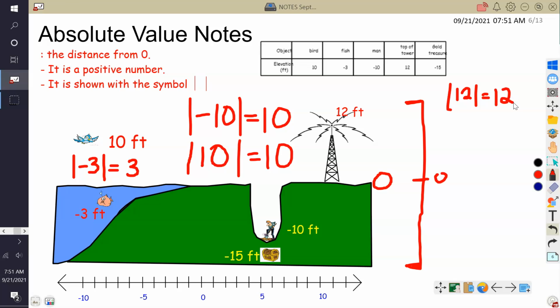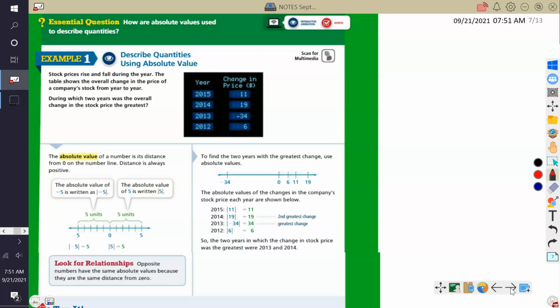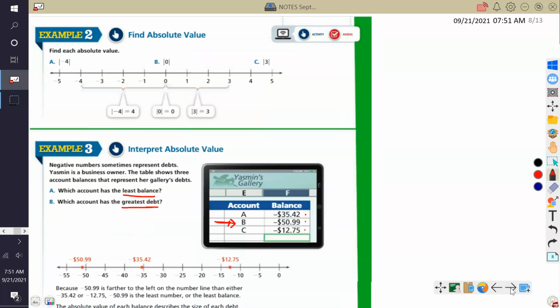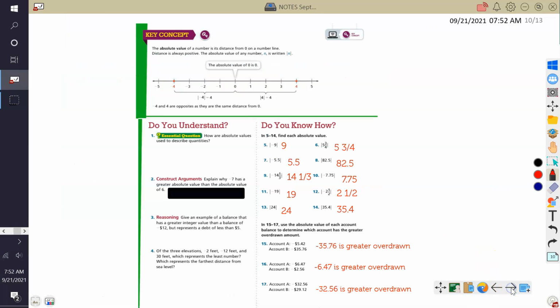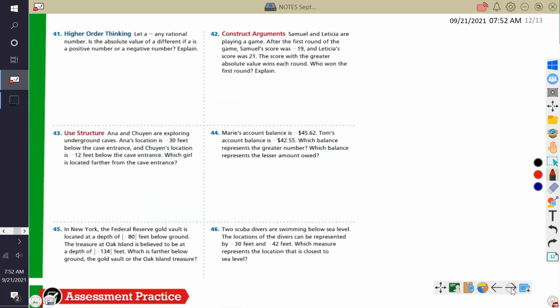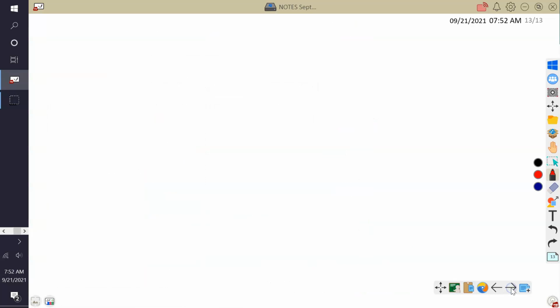So when we talk about the absolute value, we're only talking about the distance away from 0. And there are some examples in here. You can read the examples in your text. There's some practice here. I've got the practice. All the answers are right here in the notes. And so I'll include these notes in there.